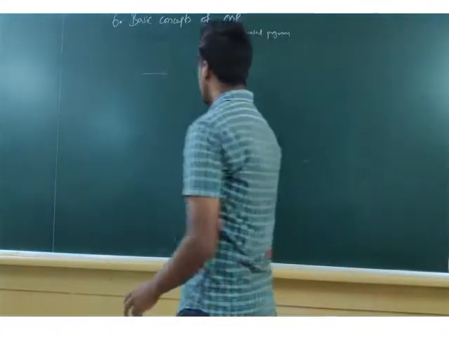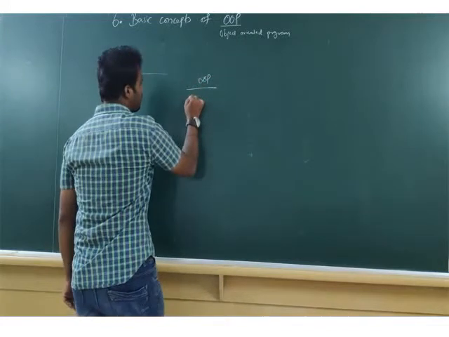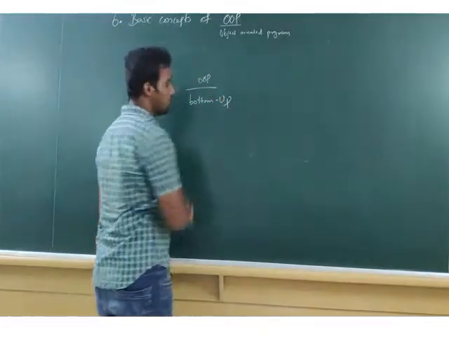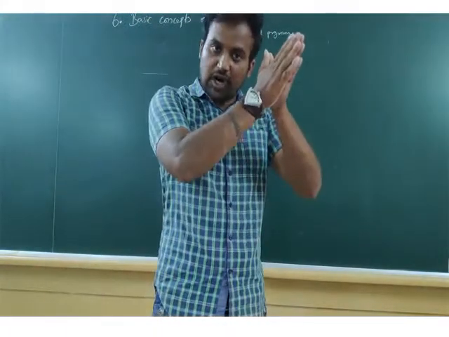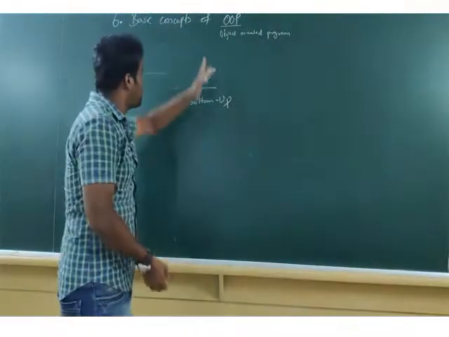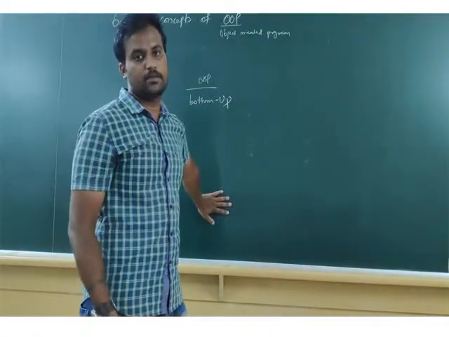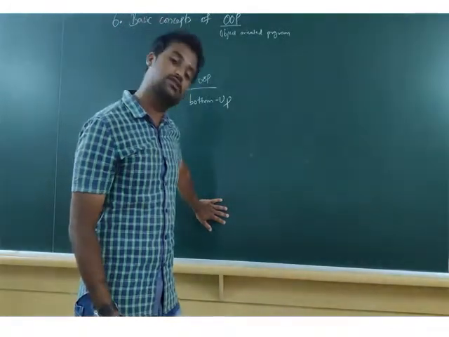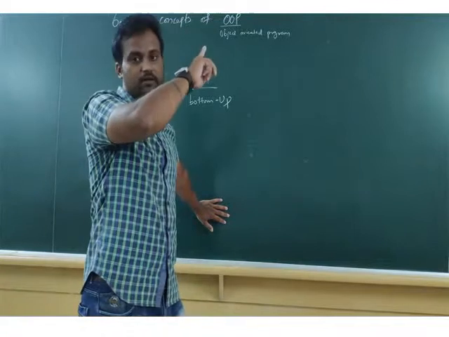Next, object oriented programming, OOP, also follows the bottom up design. Later you will learn what this bottom up design is. Very simple: in object oriented programming we always write void main at the bottom. You have already written void main in first year, where we used to write it upside at the beginning.